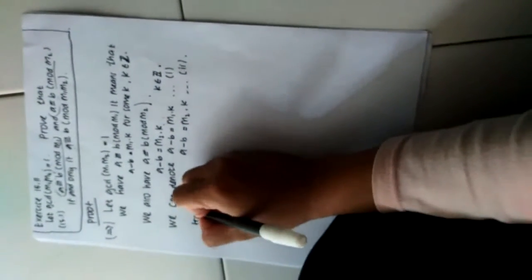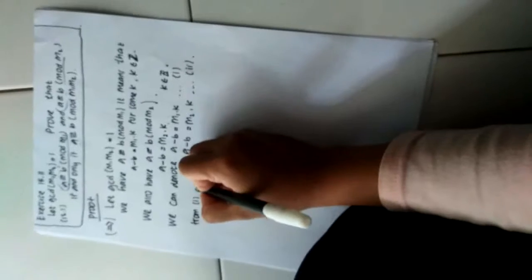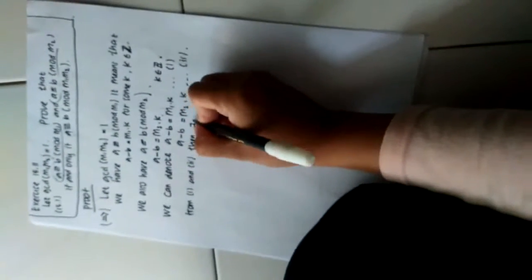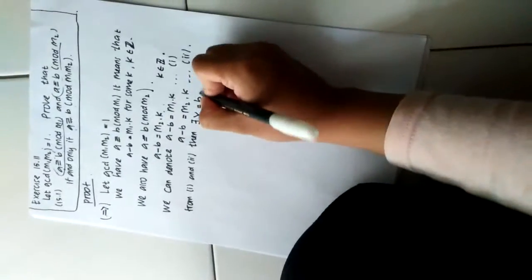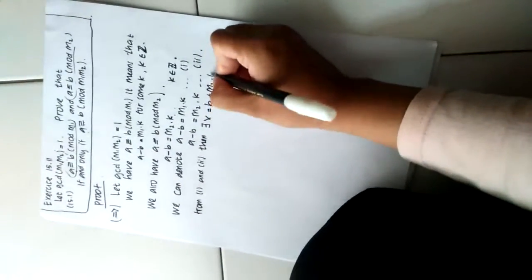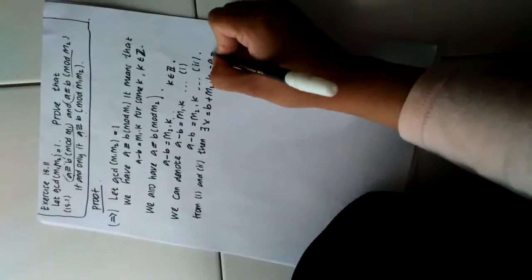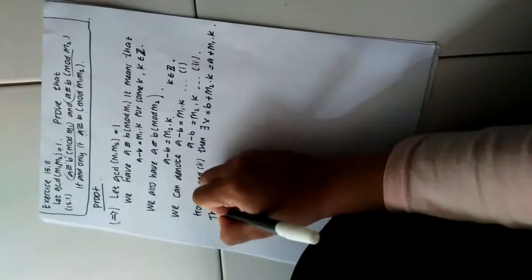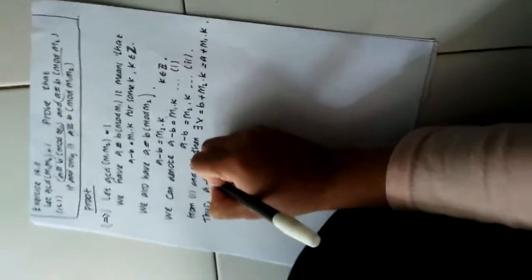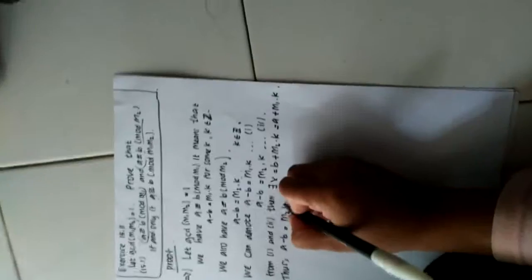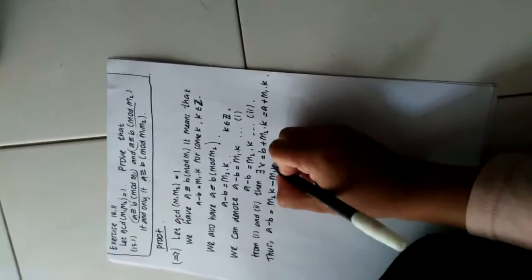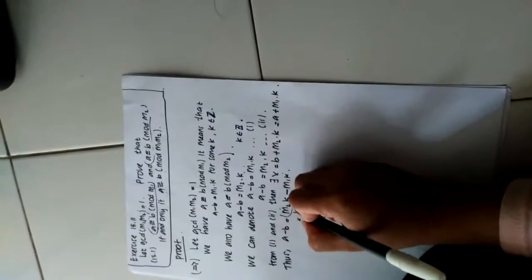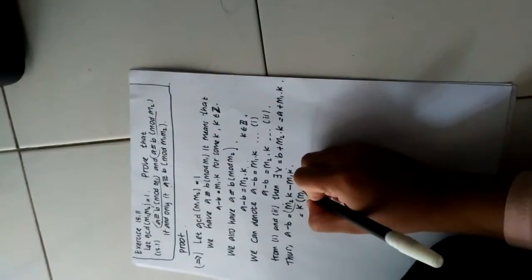From 1 and 2, then there exists x = b + m2 k = a + m1 k. Thus, a − b = m2 k − m1 k. We can factorize this form, so we get k times (m2 − m1).